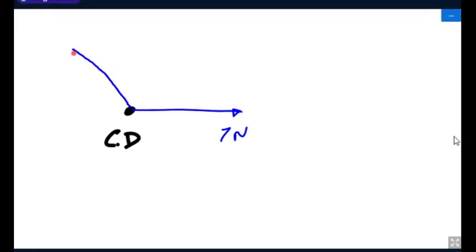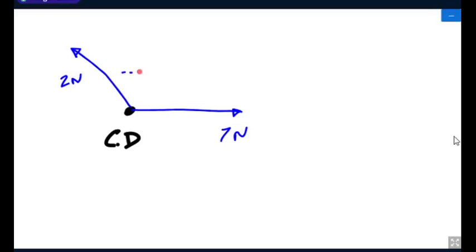So if I had the same thing, if I had Cameron Davis, because he can't move his arm. If he was pulled that way, 7 newtons, and he was pulled this way at, I don't know, 2 newtons.